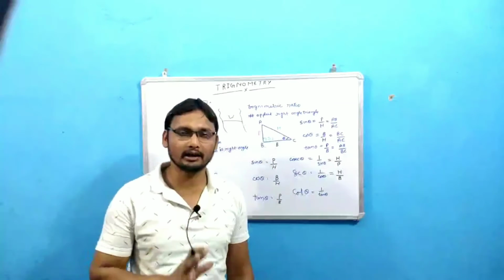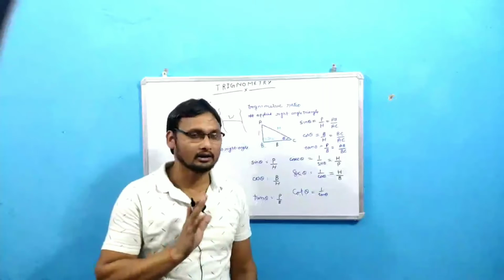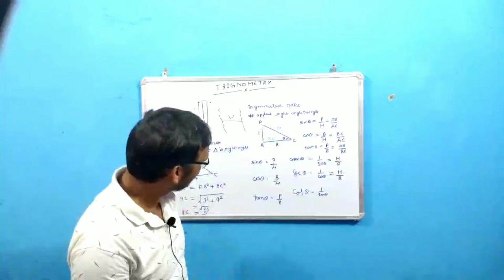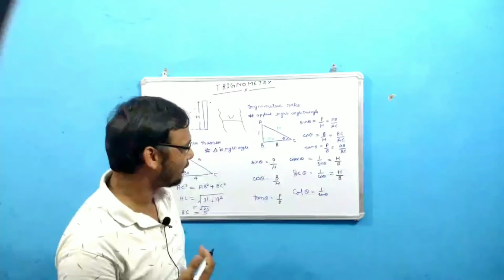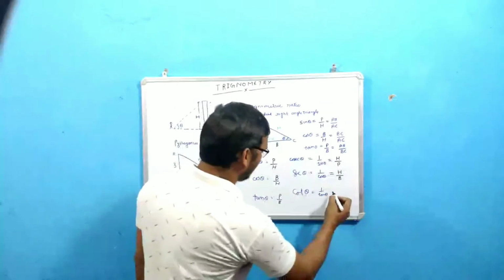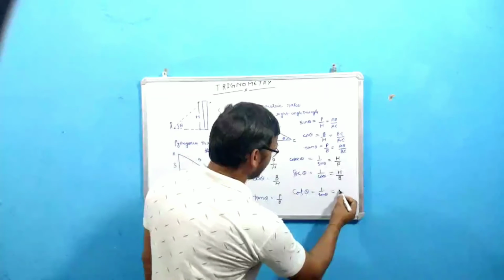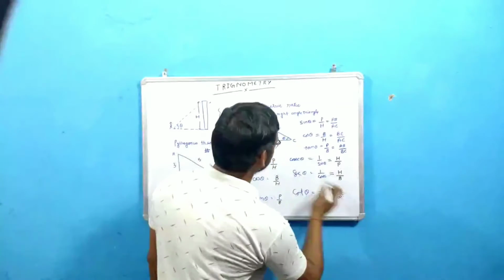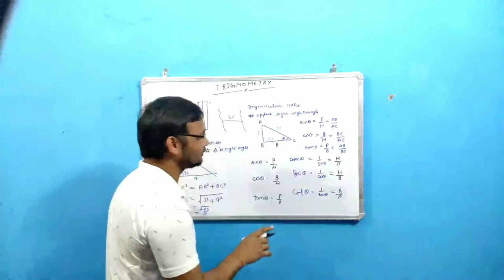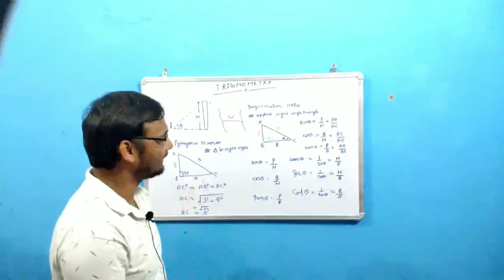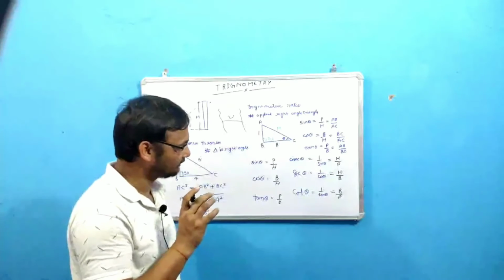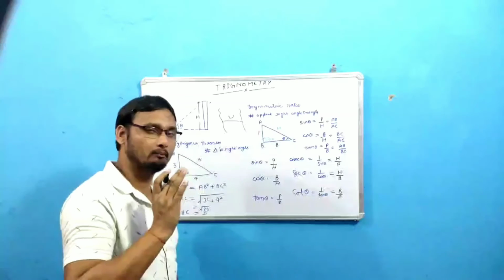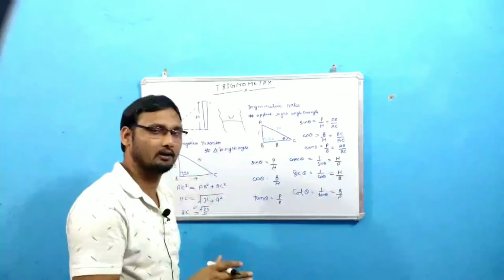Cot theta is the reciprocal of tan theta, and tan theta is perpendicular upon base, so cot theta is base upon perpendicular. With the help of these trigonometric ratios, we can measure the height of any tallest building and the width of any river.